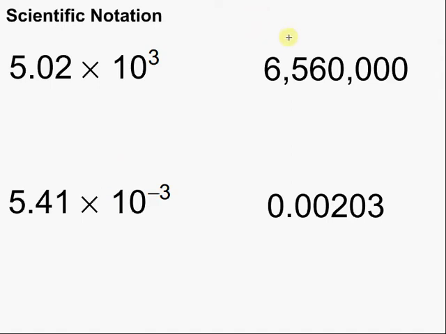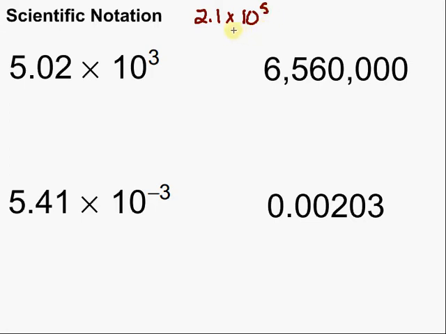To put a number into scientific notation, it's going to be in a form something like this, where we have a number, we'll say 2.1, times 10 to some power, let's say 10 to the fifth, for example. That's a number written in scientific notation.